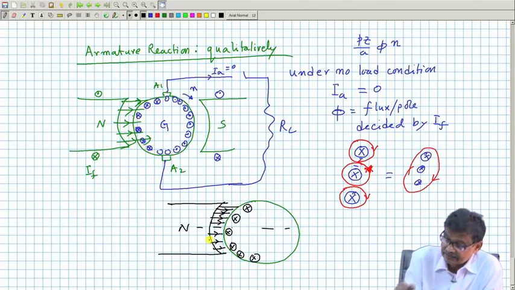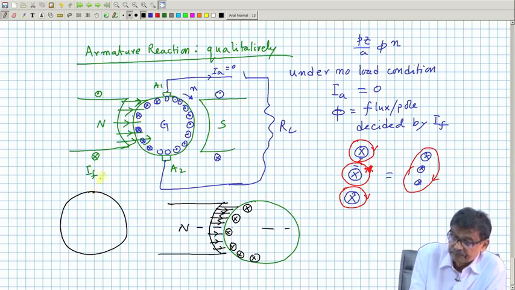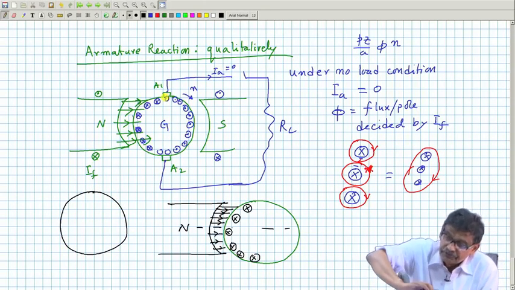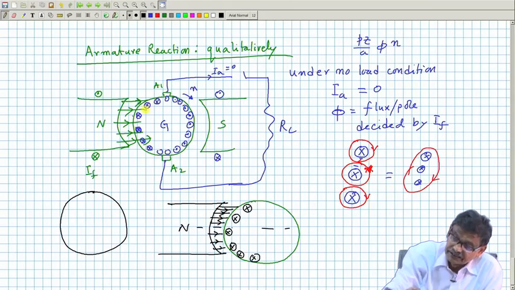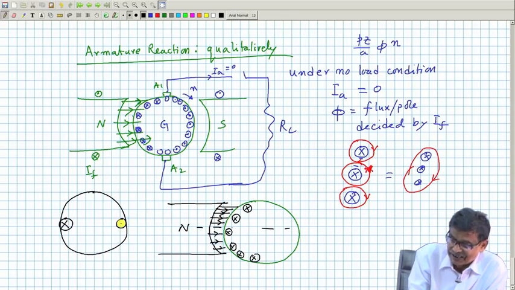The best way to tell this, you consider a single conductor. See, it is effectively like this. This is the armature. Direction of the field is like this. For this is cross, this is dot. So, you just represent it by an effective current. This side cross, this side dot, as if all taken together.